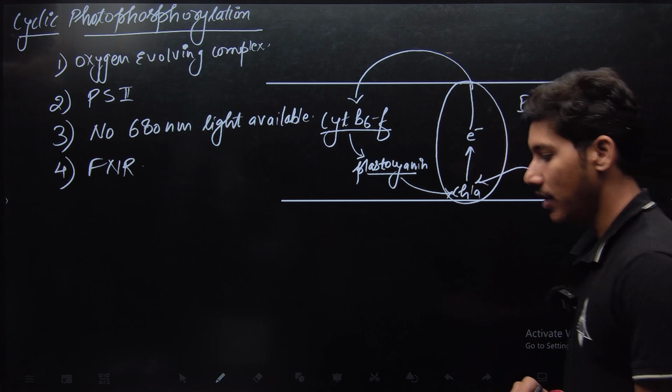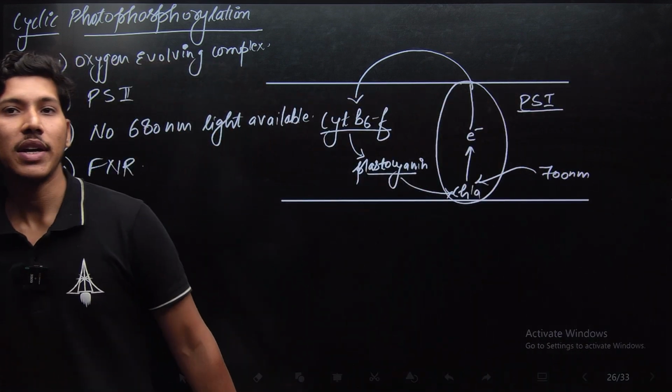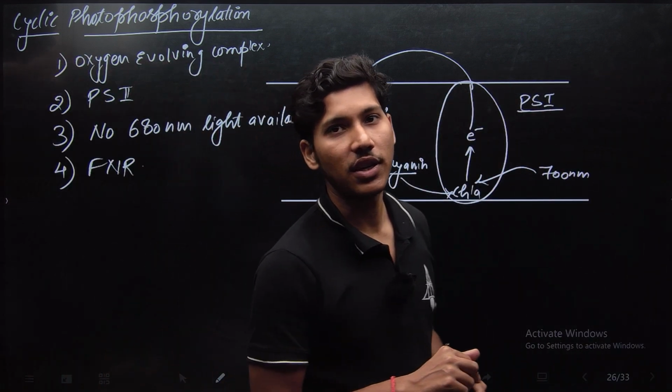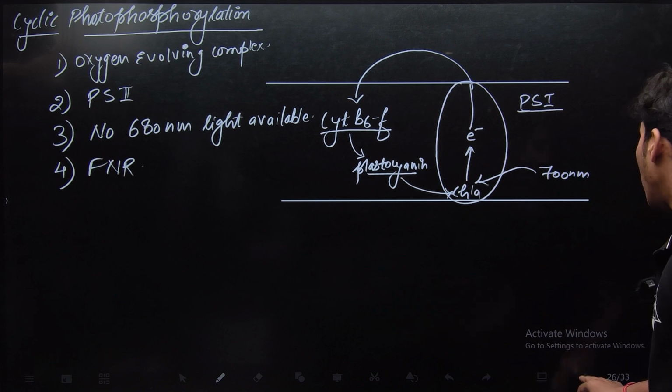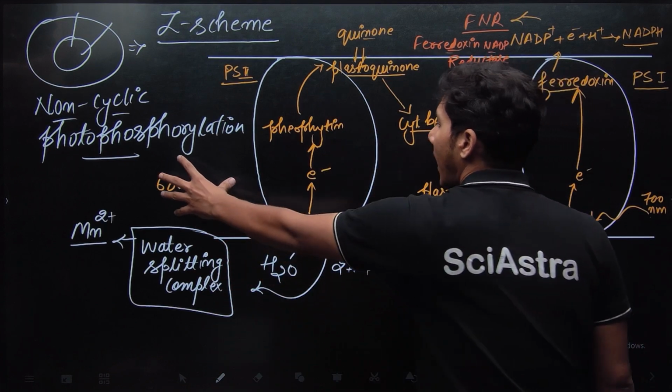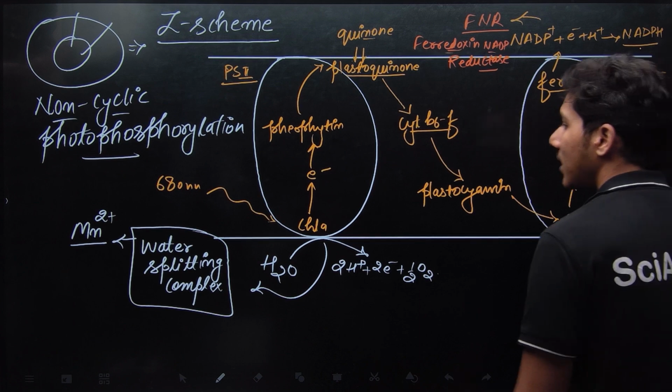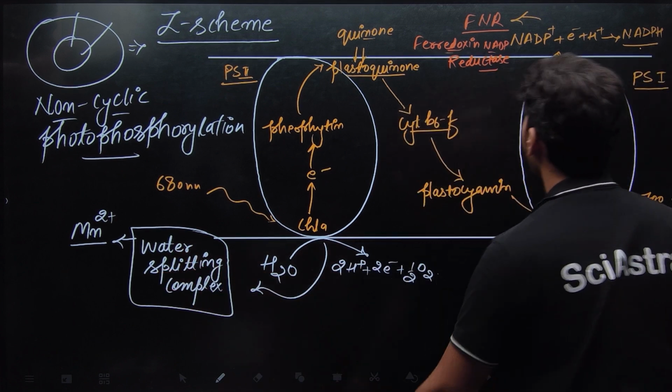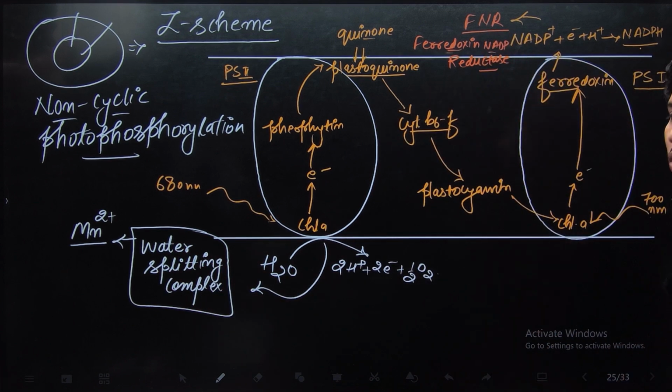Now let's begin the next topic, which is cyclic photophosphorylation. So let's say we don't have PS2, or we don't have light of 680 nanometer, or we don't have the water splitting complex, or we don't have the FNR molecule.